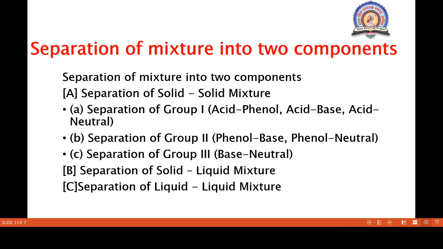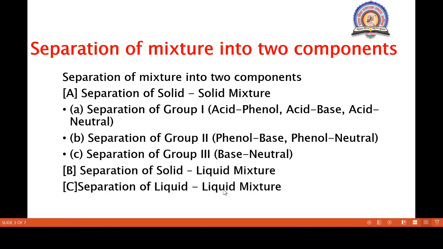If our compound nature is solid liquid, at that time our first step is separation and the second step is type determination. In the same way in the liquid liquid mixture also, our first step is separation of that liquid liquid mixture, and after that we have to determine the type.